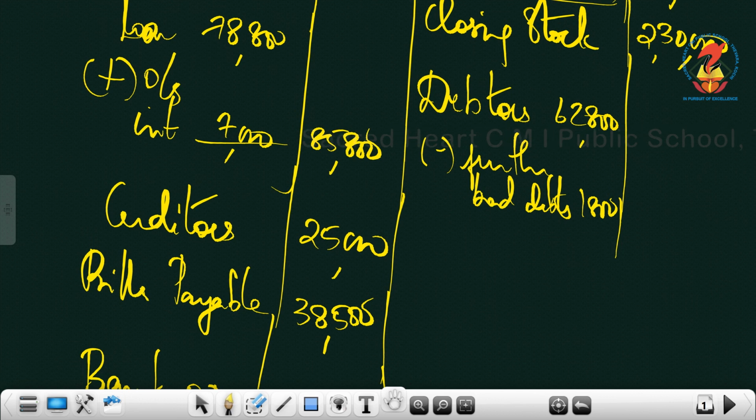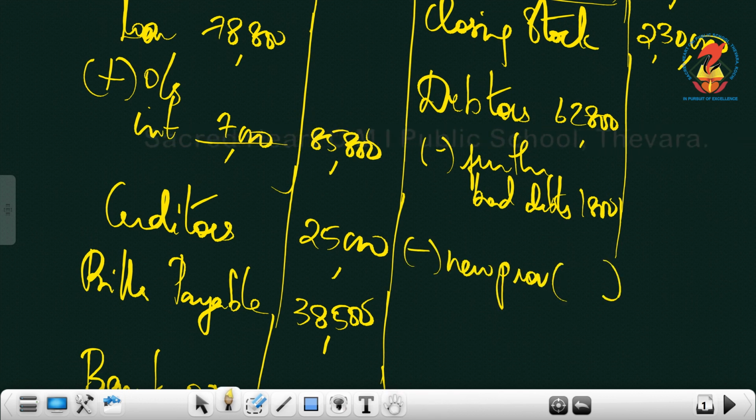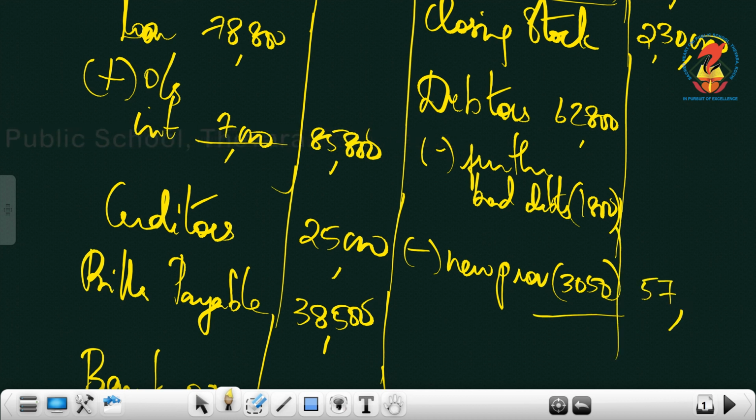Then less new provision. New provision is 3,050. So in the outer column it is 57,950. So that's the effect on debtors. You must deduct further bad debts and new provision.